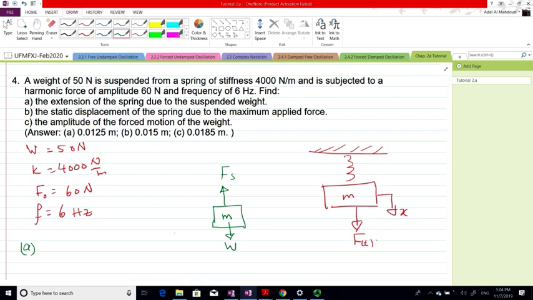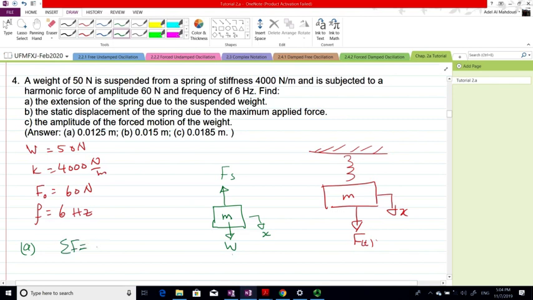It is only hanging in here. As this one tries to move downward, which is the positive direction, we assume downward positive, then the spring will try to pull it up, okay? There is tension inside the spring, opposite to that one. So now we apply Newton's second law.